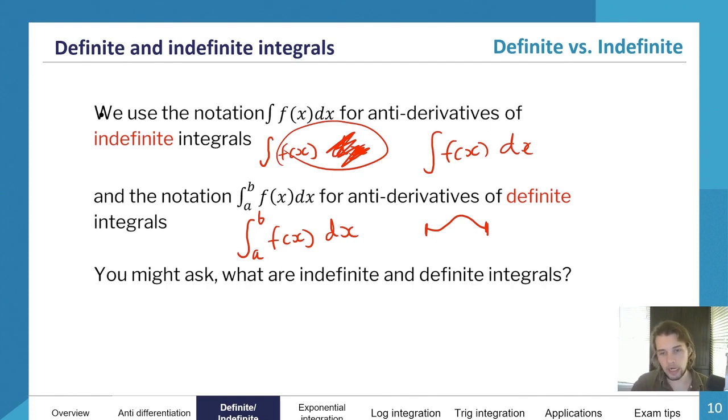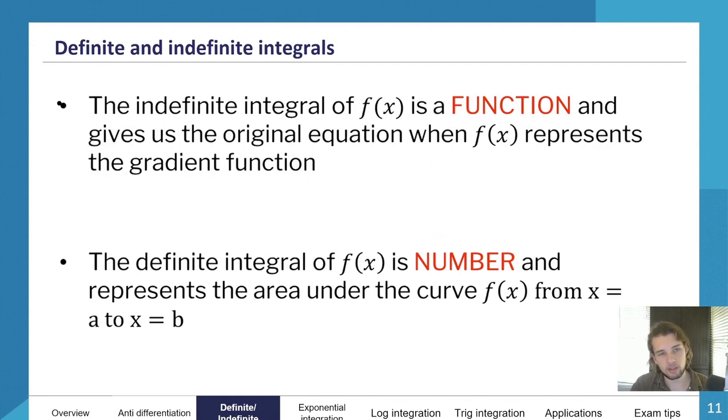So what are indefinite and definite integrals? The indefinite integral of f(x) is the function that gives us the original equation if f(x) is representing the gradient. So basically, let's say g(x) is equal to x squared.